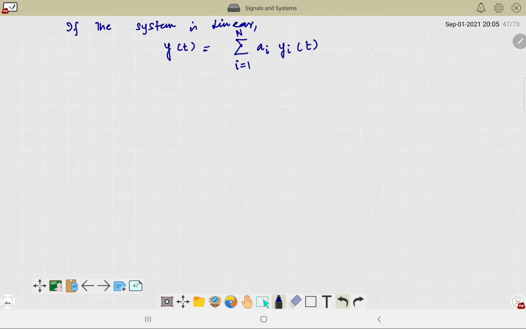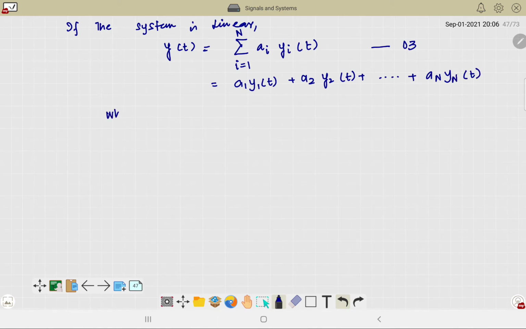So it should be something like this: a1 y1(t) plus a2 y2(t), right up to an yn(t).